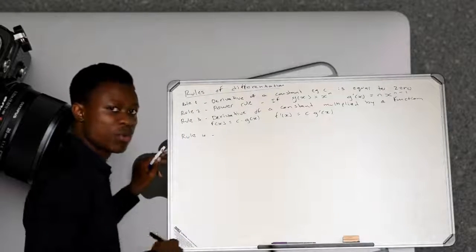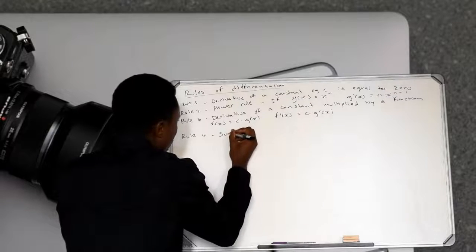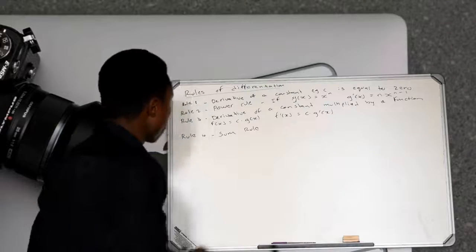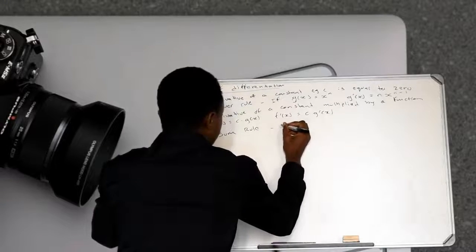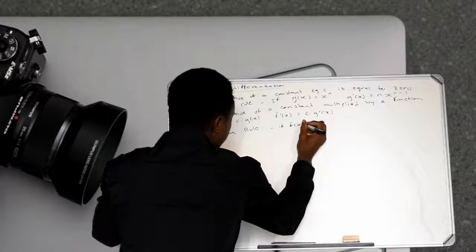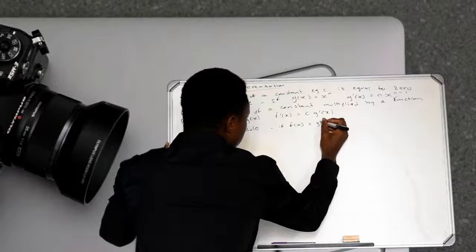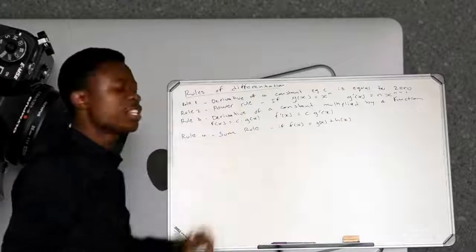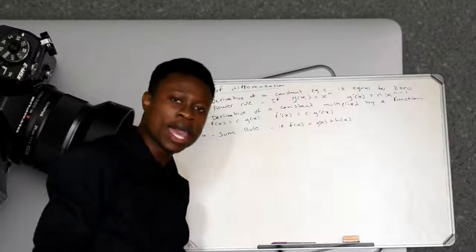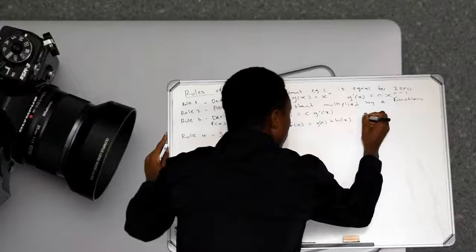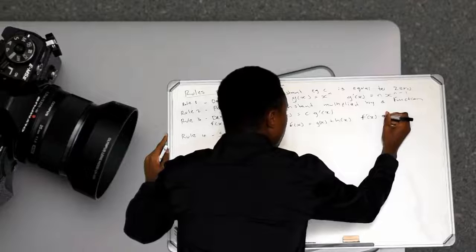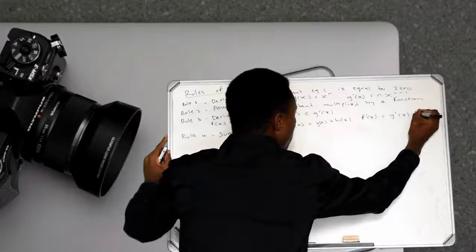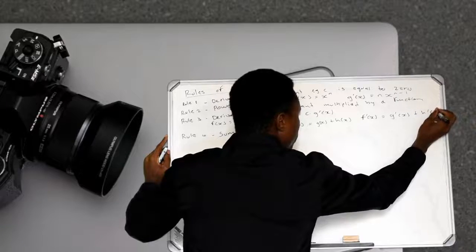Rule 4 is the sum rule. Alright? So this is the sum rule. So what does the sum rule say? The sum rule says if f of x is equal to g of x plus h of x, the derivative of this, f prime of x, would be equal to g prime of x plus h prime of x.